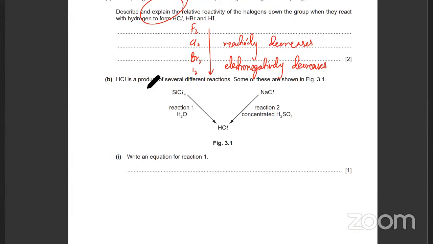Now HCl is a product of several different reactions. What happens when SiCl4 is added to water? SiOH4 is formed. Okay, SiOH4 or SiO2 and HCl, right? And balance this. So you get vigorous hydrolysis.